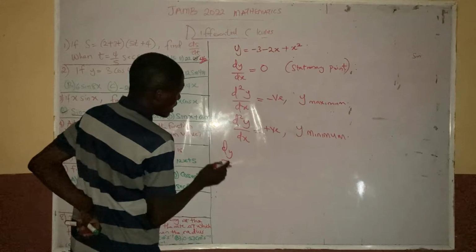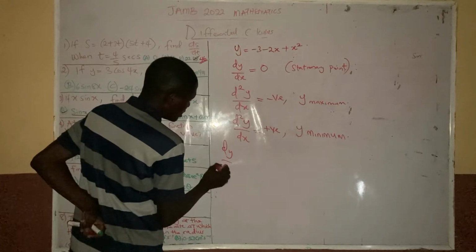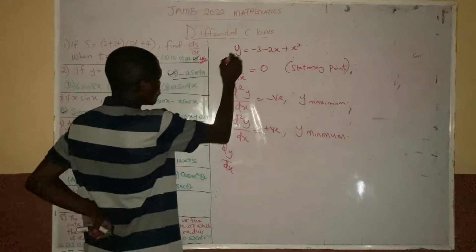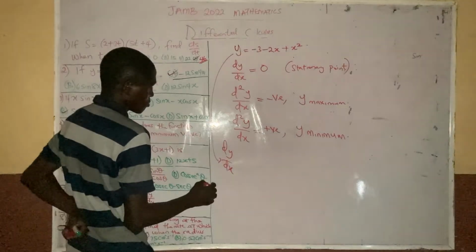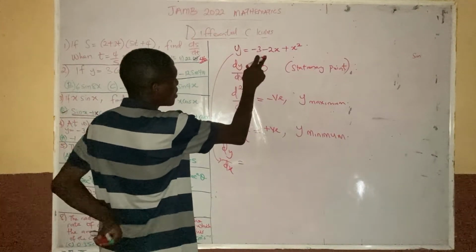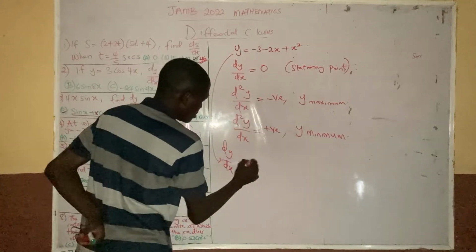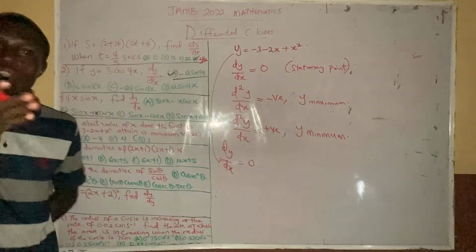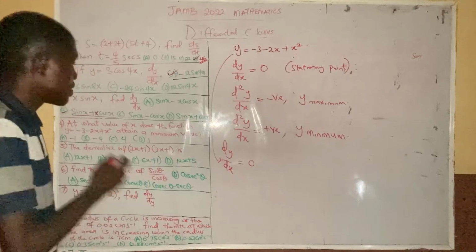Coming back to this example, dy/dx of the function above. The derivative of minus 3 is 0, because minus 3 is a constant.